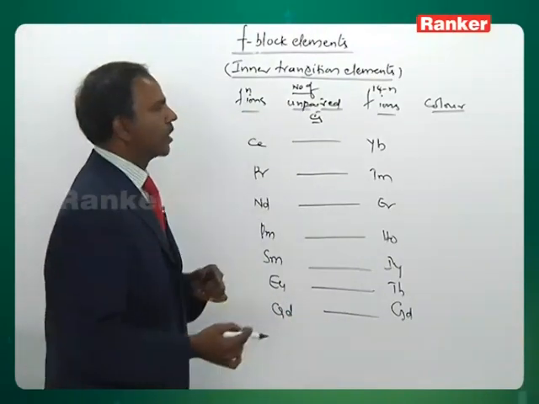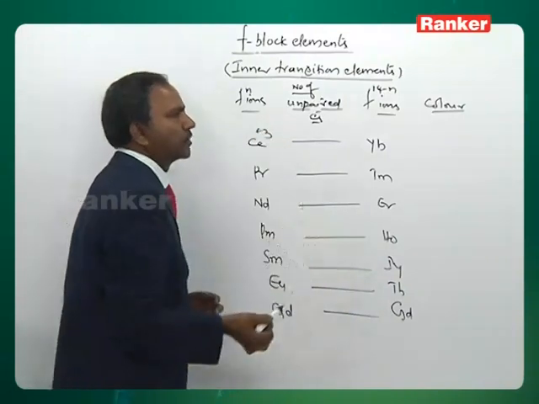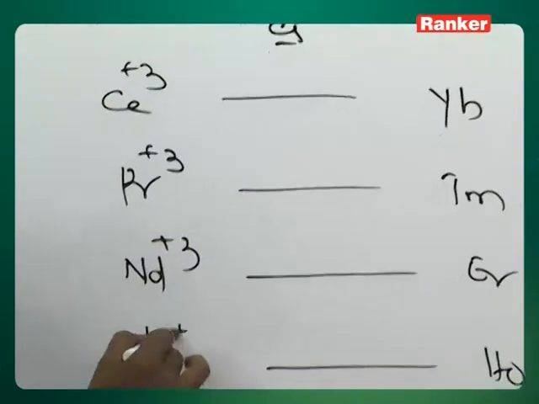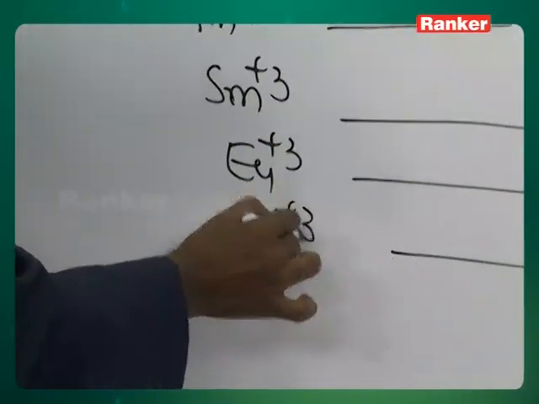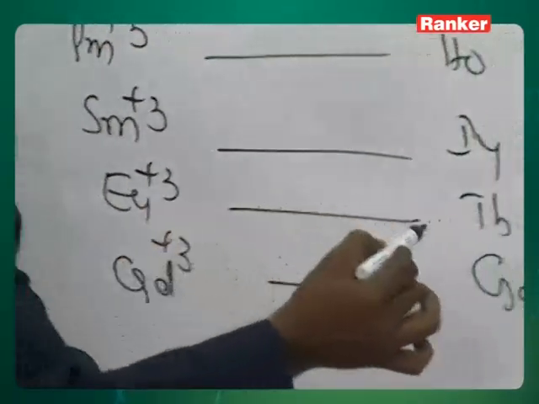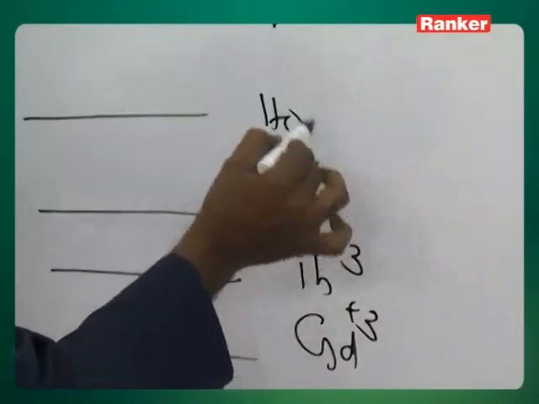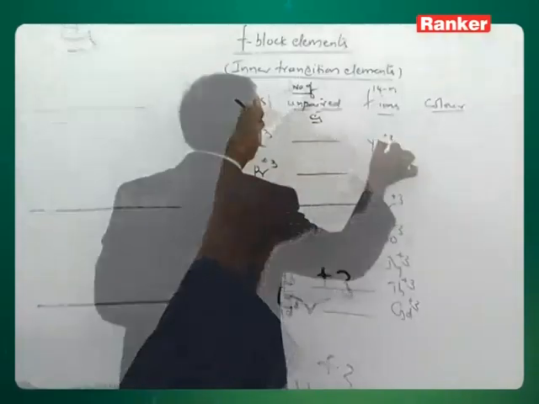Now we are talking about ions. All the lanthanide ions exhibit a common oxidation state of +3. Let us consider all are +3 ions. Then we can easily say the pairs carry the same number of electrons. Let us check it now: gadolinium +3, terbium +3, dysprosium, holmium, erbium, thulium, ytterbium.